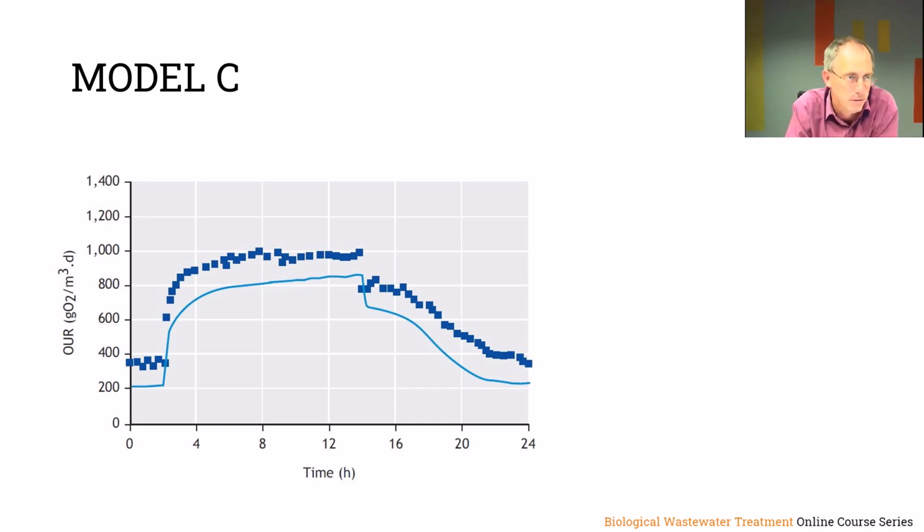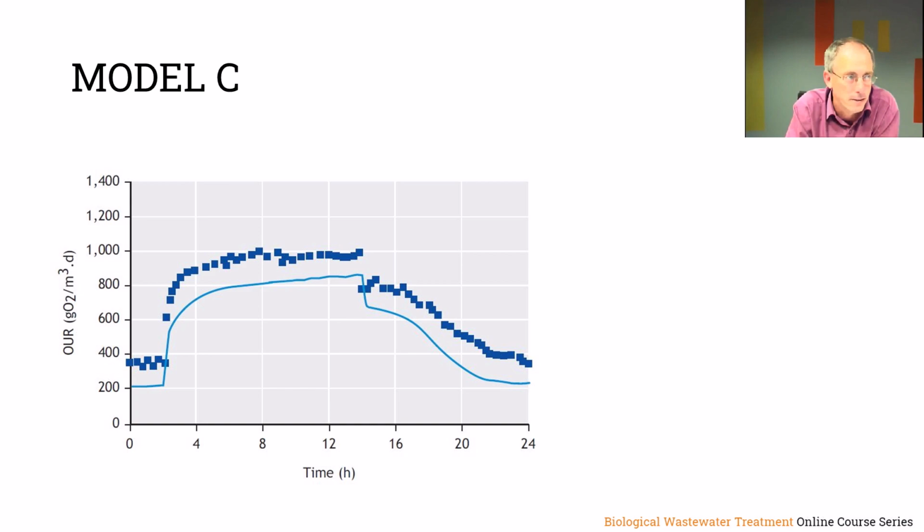And that's logical, because the COD balance still holds, should hold. So we could have also anticipated this up front. If we increase the sludge production, we will decrease the oxygen consumption. And that's exactly what you see here.